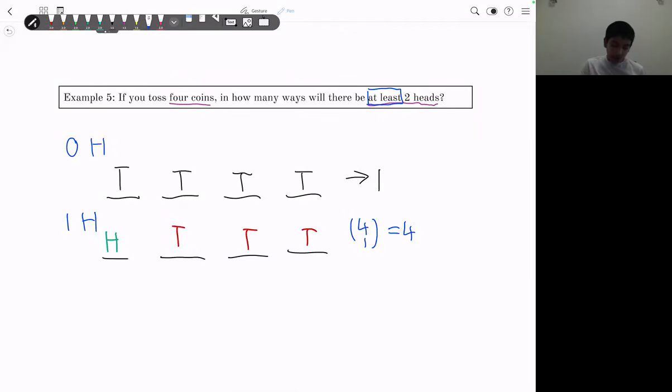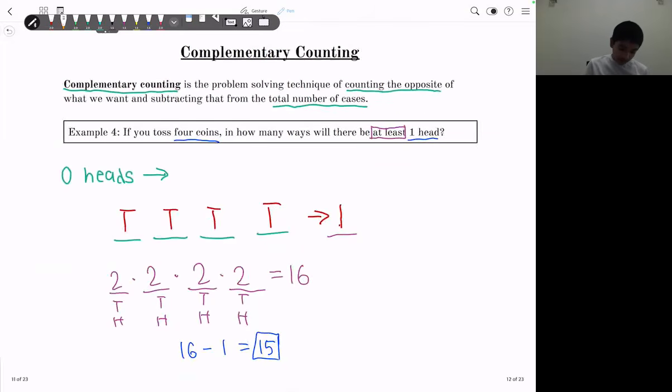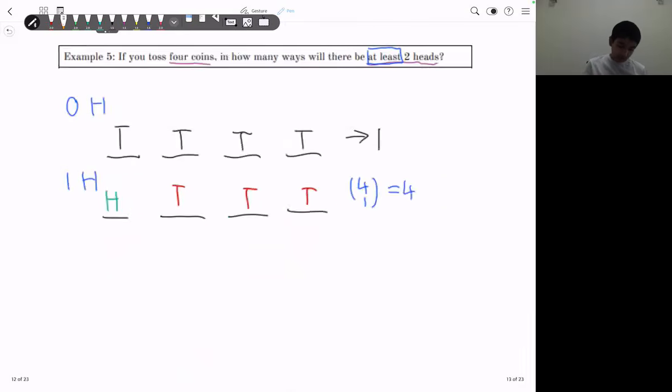So again, now we use complementary counting. And this is a step that many people sometimes forget: when you use complementary counting, our final answer is not just 5, 1 plus 4, because we counted the opposite. So now we subtract it from the total number of coin flips. As we found here, the total number of coin flips from 4 coins is just 16.